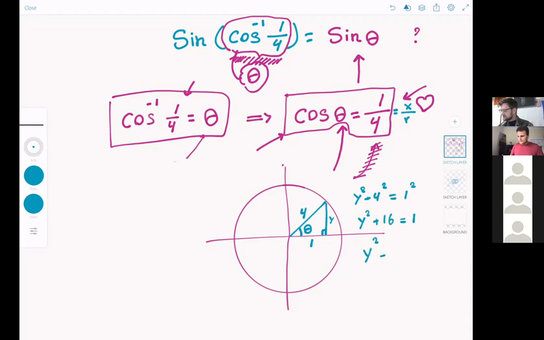Y squared equal to... what? No, 4. That's totally wrong. I had something else in my mind.